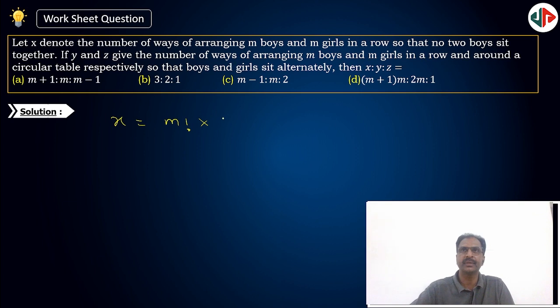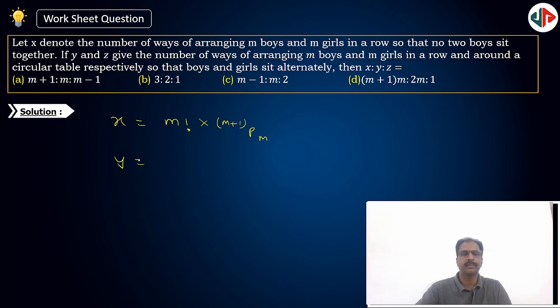In between M girls there will be M plus 1 gaps for M boys, which can be arranged in M plus 1 P M ways. So first arrange M girls in M factorial ways, and in between there will be M plus 1 gaps for M boys. So M factorial into M plus 1 P M, that is X.